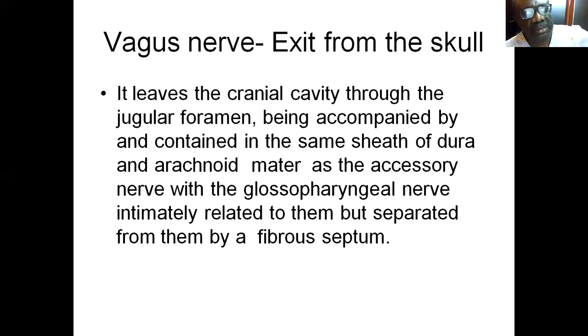Now, from the exit from the skull, it leaves the cavity through the jugular foramen, being accompanied and contained in the same sheath of dura and arachnoid mater as the accessory nerve, with the glossopharyngeal nerve intimately related to them, but separated from them by a fibrous septum.